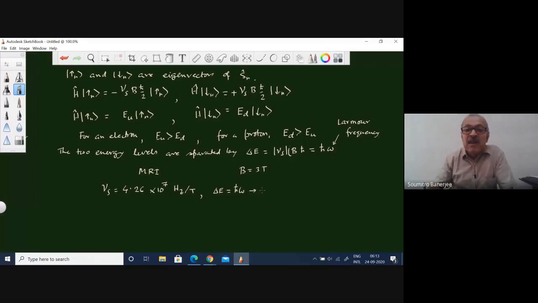So this is the required energy of the photons, and that will be how much? Delta E is this. We are trying to calculate the frequency that we'll need, so omega is something we are trying to calculate.